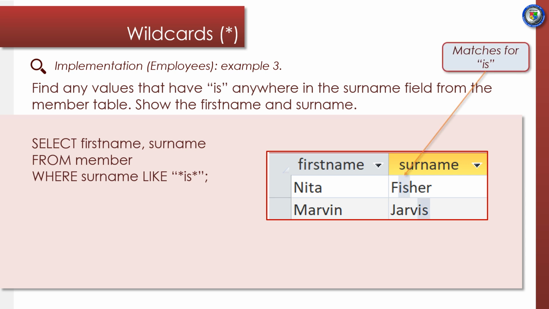And here's our matches for the is part of our where clause and the matches for our asterisk where we can have 0, 1 or multiple characters. Our first result returns the F for the first asterisk before is, and the second result returns JARV for the first asterisk.